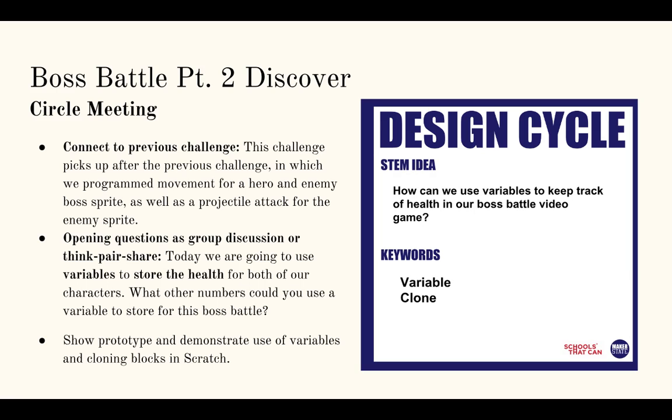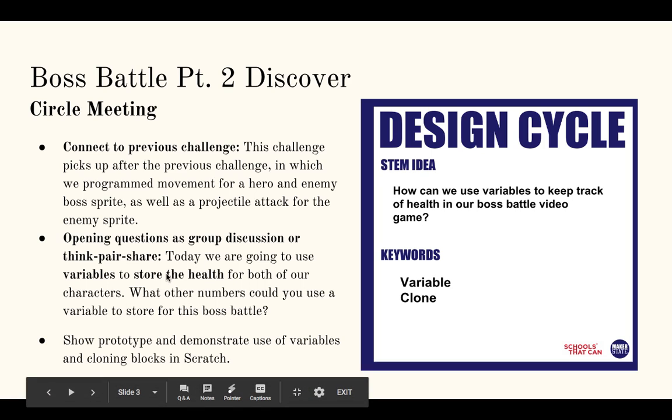If you had multiple attacks, maybe they'd deliver a different amount of damage, and that would be a variable that you stored. Or maybe you'd store variables related to if you wanted music to play and have it get louder. So again, a variable can be used to store anything that's going to change throughout the course of a project. Okay, that's one thing to keep in mind for variables. So see what ideas your students come up with here.